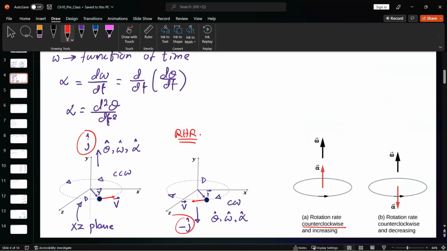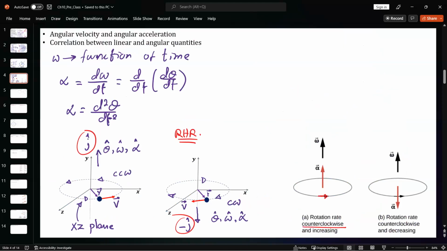But on the other hand, let's take a look at another aspect. We can still say the rotation is counterclockwise. However, the rotation rate itself can decrease.